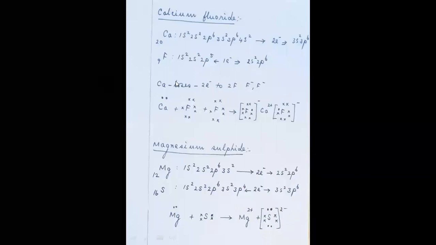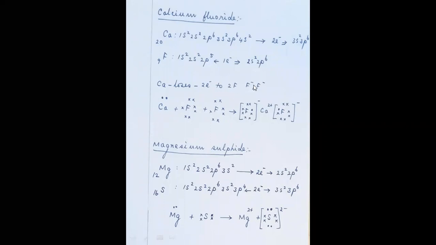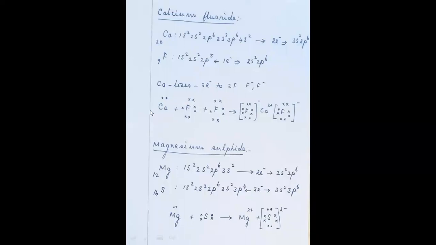So calcium is ready to lose 2 electrons. Fluorine is ready to accept 1 electron. So what happens? 2 fluorine atoms accept the 2 electrons, and the compound formation is like this. Look here, the calcium electrons are mentioned as dots, whereas the fluorine electrons are mentioned as crosses.